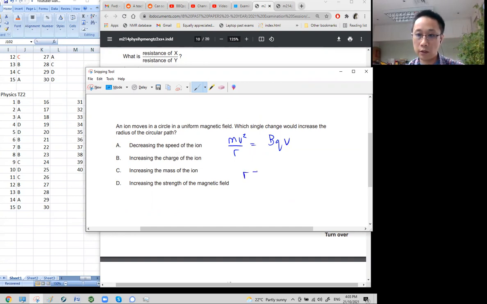So the radius equals mv over Bq, a simple but important derivation that you need to be able to perform on the spot. To increase the radius of the circular path, you can increase m or increase v, or decrease B or decrease q. So clearly C is the choice.